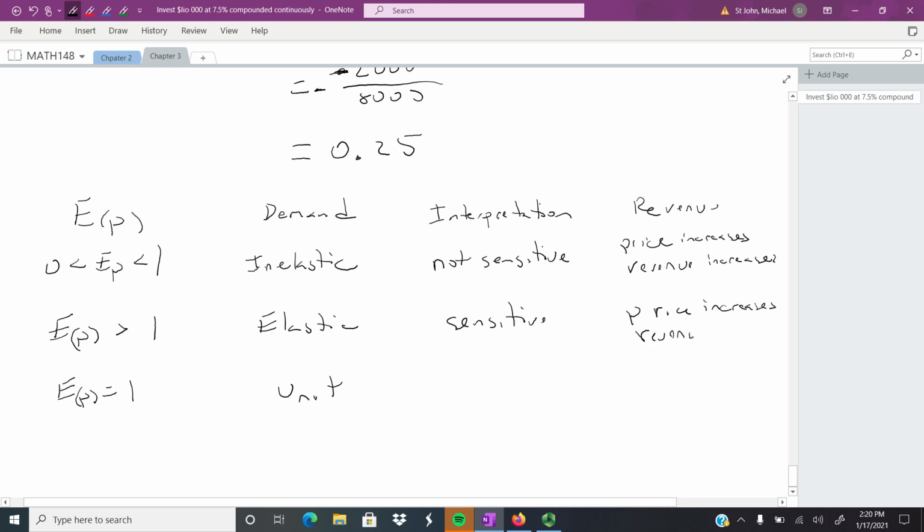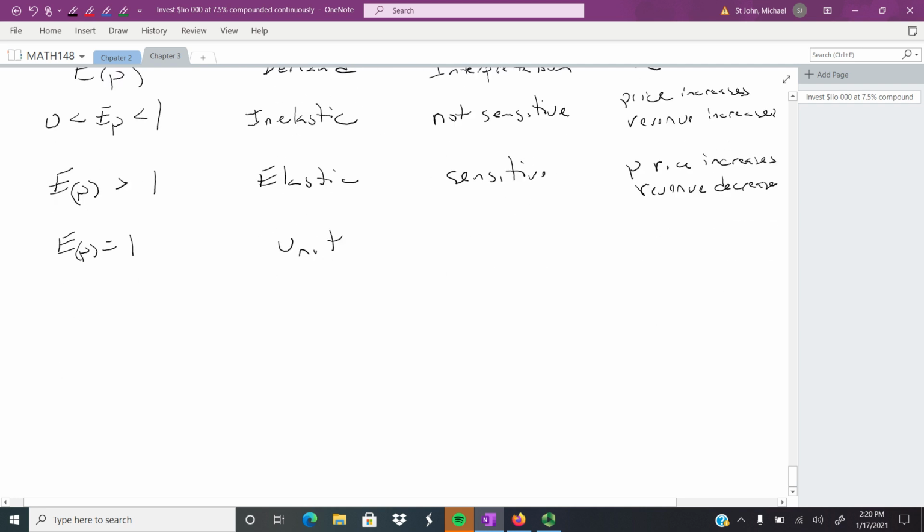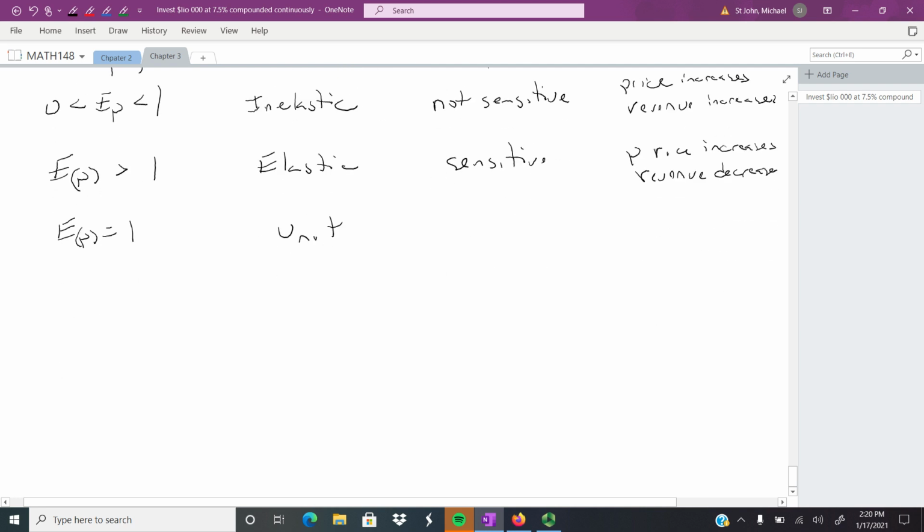So let's look again at my example. My E_P is in between those, because ours came out to be 0.25. So E of 4 is equal to 0.25, which means inelastic.